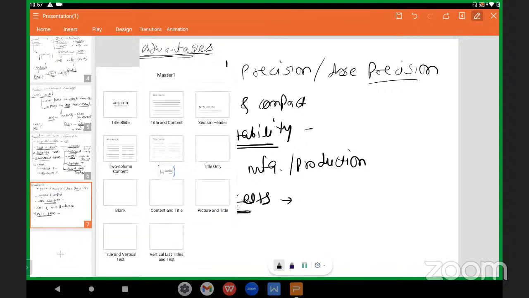Okay, now what will be the disadvantage? Any major disadvantage of this formulation? First of all, we are taking this via oral route. What happens when we take a formulation by oral route? Bitter taste cannot be masked.